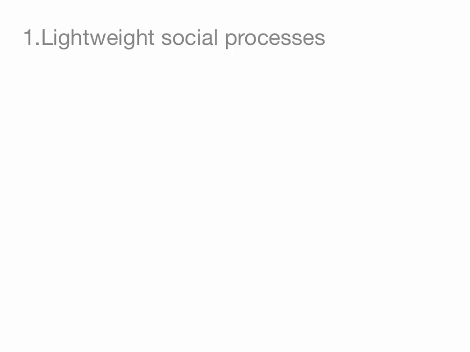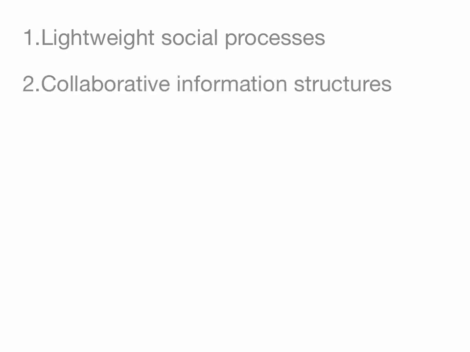The first are what she calls lightweight social processes. Those are the things that you can kind of layer on to an existing app, so favoriting, sharing, and so on. The next step is collaborative information structures, and that's when the core product becomes much more social.